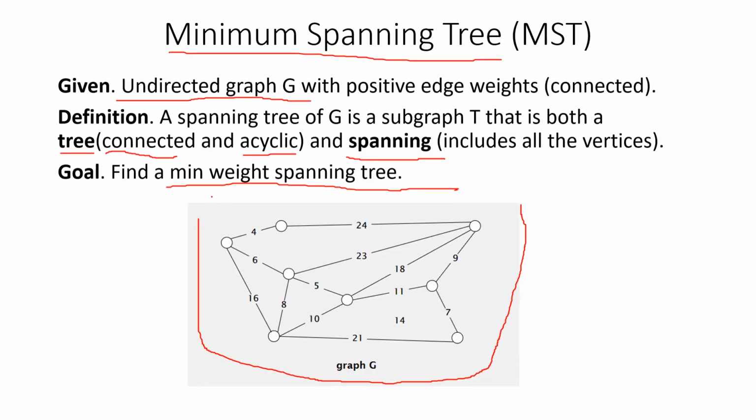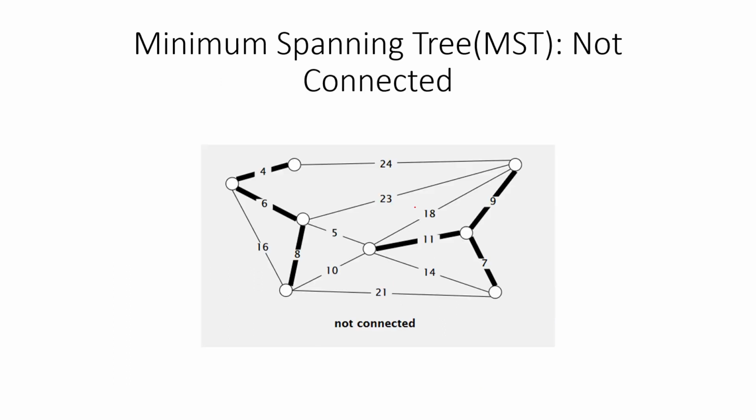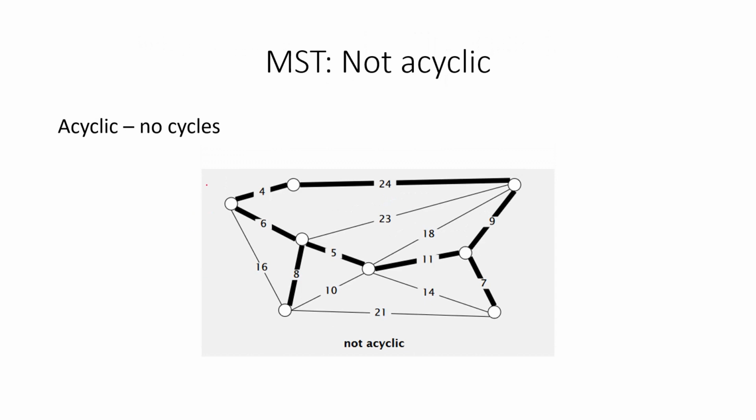According to the definition, our graph should be connected. This one is also not a minimum spanning tree because it has a cycle, so actually it's not a tree, since trees don't have any cycles. It should be acyclic, meaning no cycles.